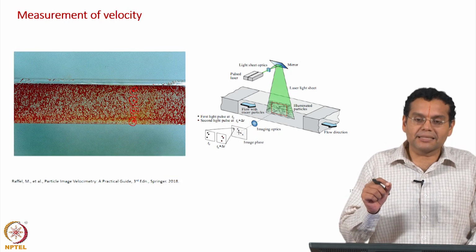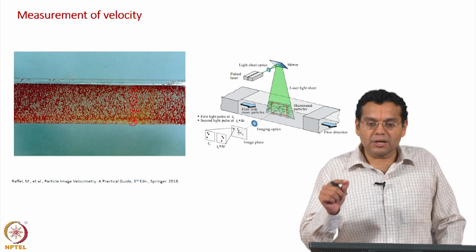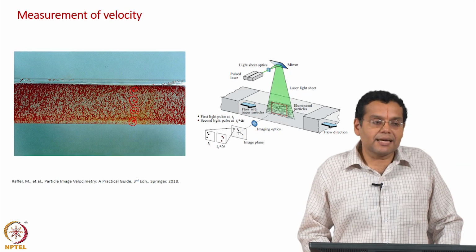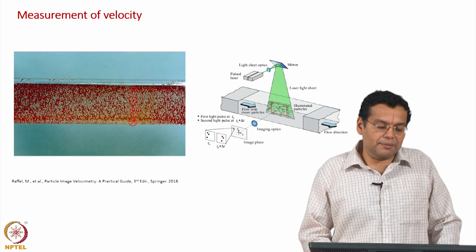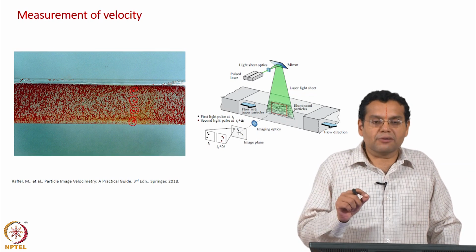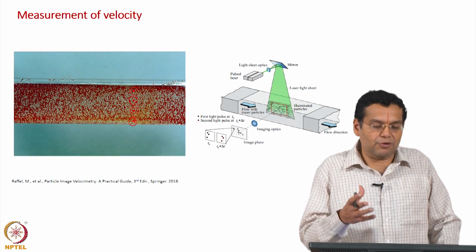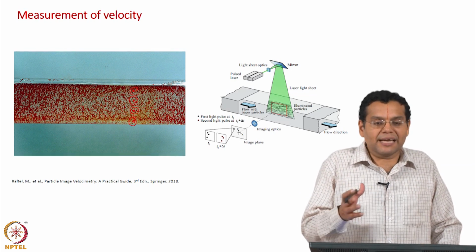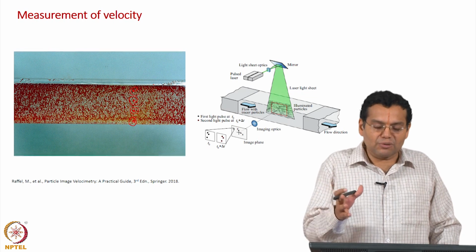So, these particles have two characteristics, as I said. One is very small size, let us say 10 nanometers, 20 nanometers. Second is that, as the name indicates, they are neutrally buoyant. What does neutrally buoyant mean? Their densities are almost the same as that of the fluid which we are studying. For example, if we are studying the velocity of water, the density of these solid particles should be around 1000, around 999, almost close.